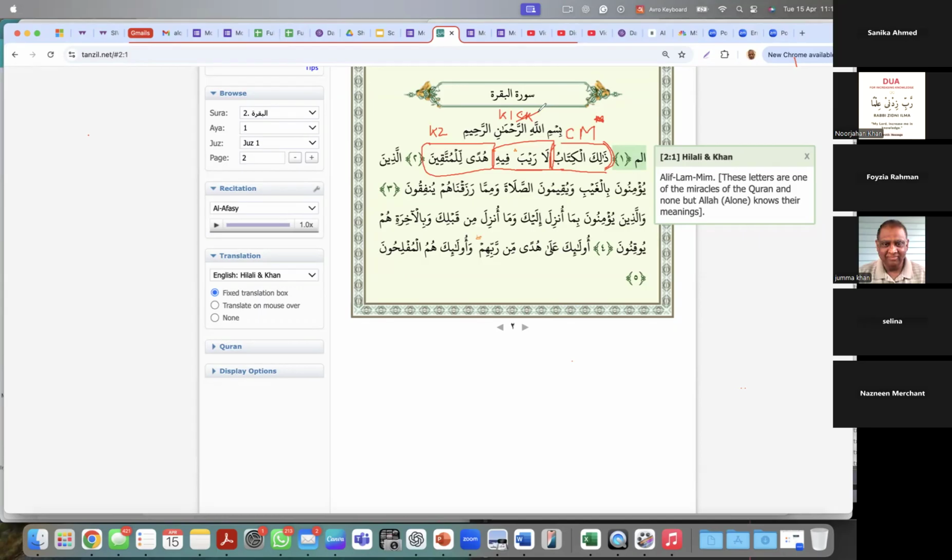Hudan is a nakira noun. Fragment. A guidance for the muttaqin. Is it a sentence, jumla, or shibu jumla? It is a shibu jumla. But shibu jumla can be khabar. Fine. La raiba is khabar one, and this shibu jumla is muta'alliq bil khabar.